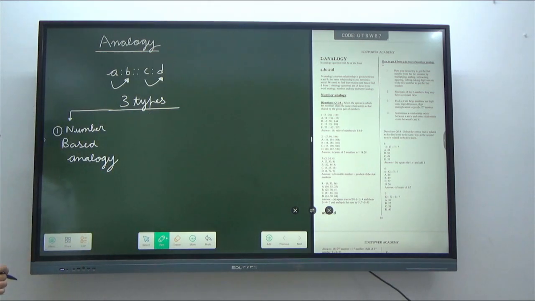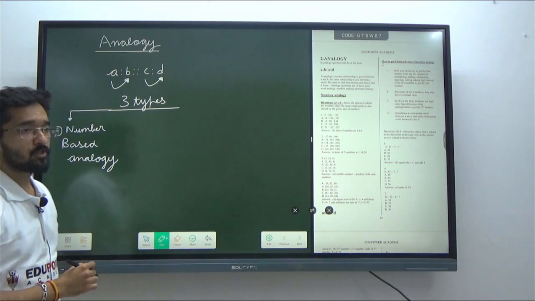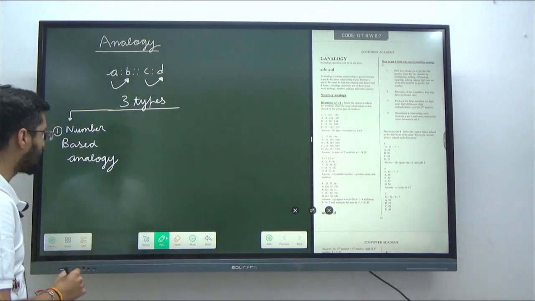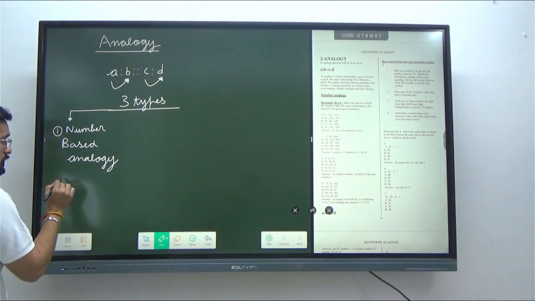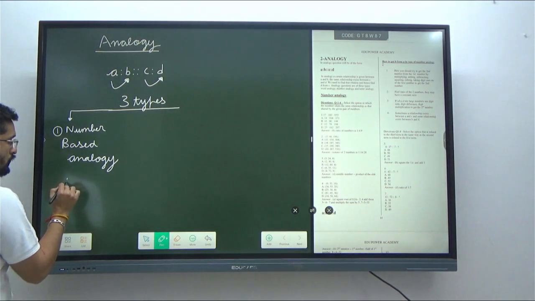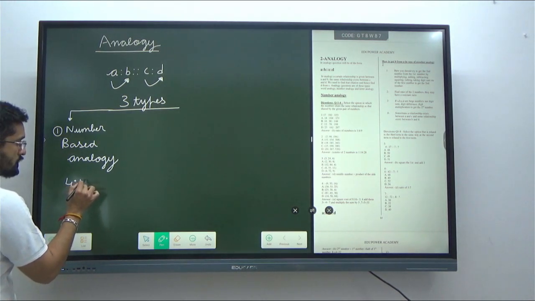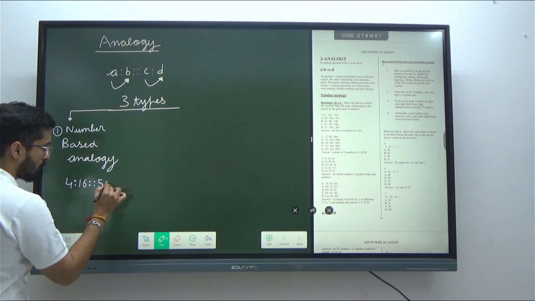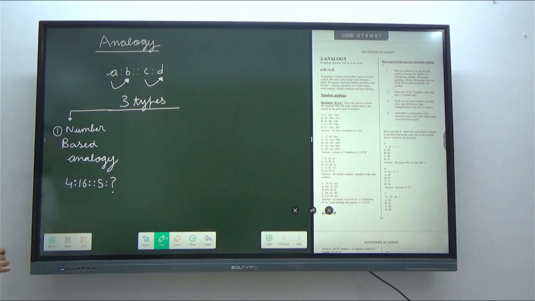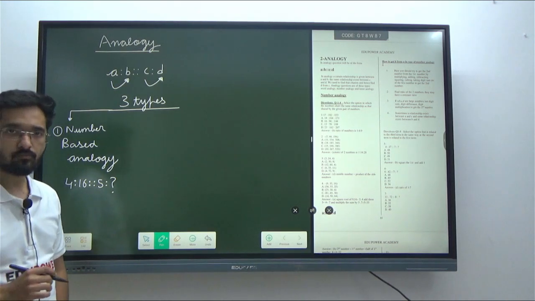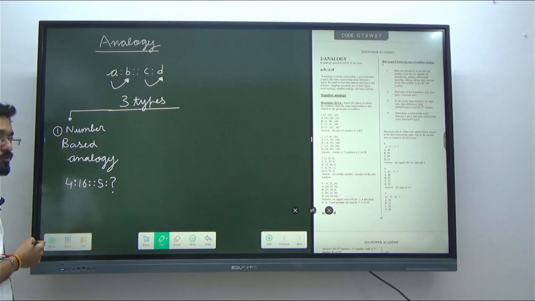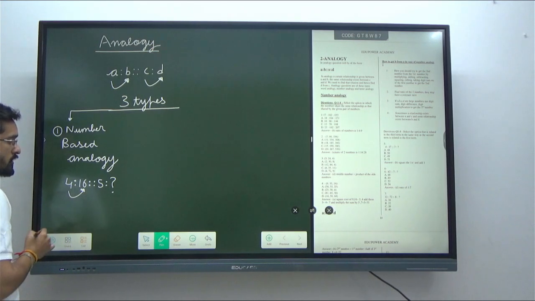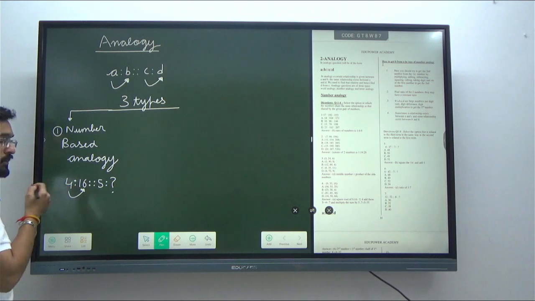So what happens in number based analogy? In number based analogy we make use of numbers. For example, if we say 4 is to 16, then 5 is to what? What will come in place of the question mark? A certain relation is there between the first and the second number.